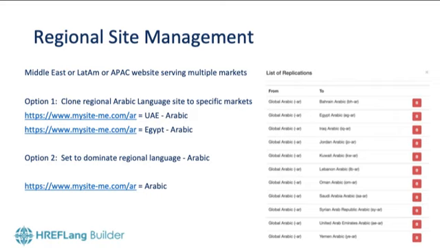Same thing happens in Latin America. Or if you have an English language website for APAC, you can say it's Singapore and Malaysia and Australia. So this is a very, very powerful feature. And what it does is it allows us to take that same URL but then attribute it to a specific market within that region.